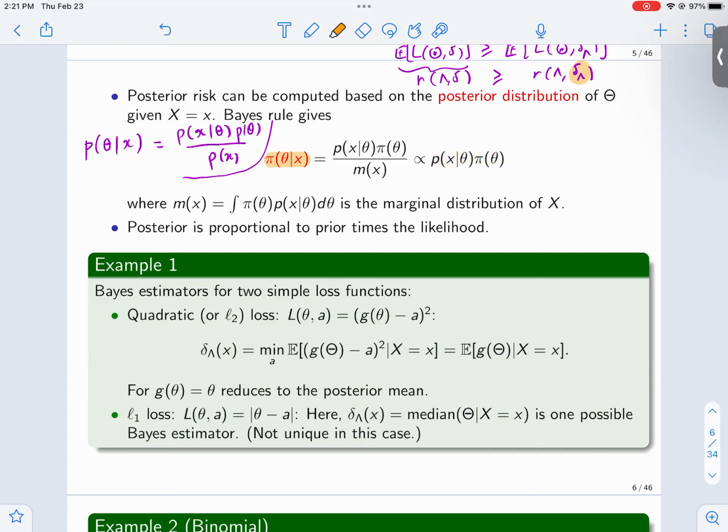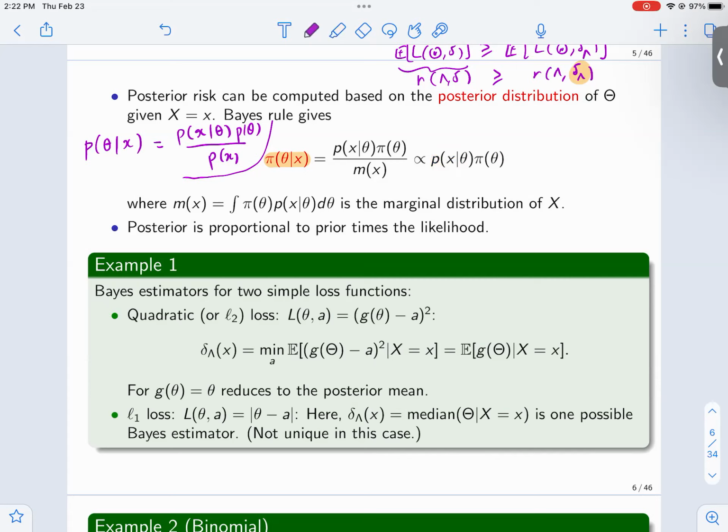And you see why I call this the likelihood, because in this formula we're looking at the conditional density as a function of theta. That's what we call likelihood, right? So the posterior is proportional to the product of the likelihood times the prior.